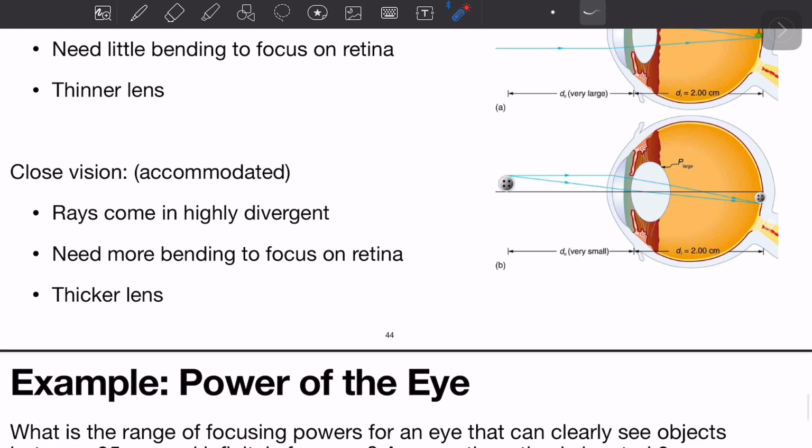In the other case, when you're looking at close by objects, we're using accommodated vision. This is where the muscles engage to increase the thickness of your lens, and you have a thicker shaped lens. Here, more bending, more refraction needs to happen by your eye to clearly focus the image onto the retina. Okay, let's do some actual calculations to make sense of this.